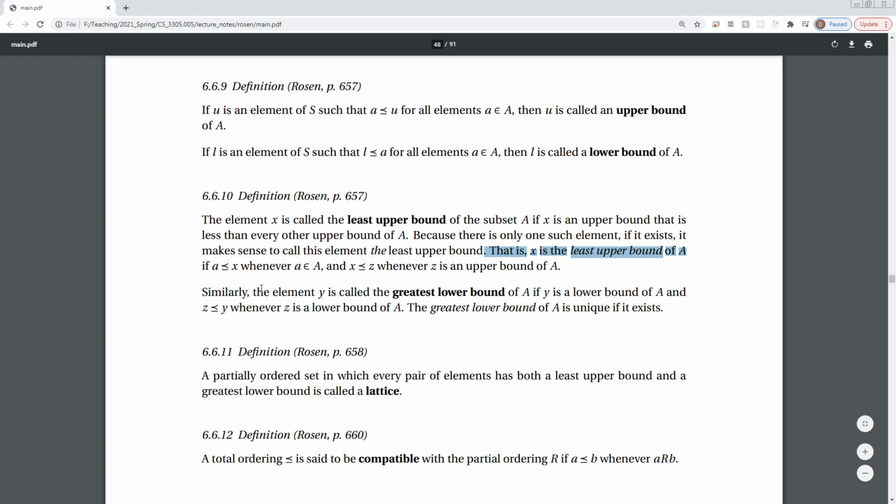Likewise, if you come from below, then you can define some value y, which is the greatest lower bound of A, that subset A, if it's greater than every other lower bound. In such a case, it's unique, and we would call it the greatest lower bound.